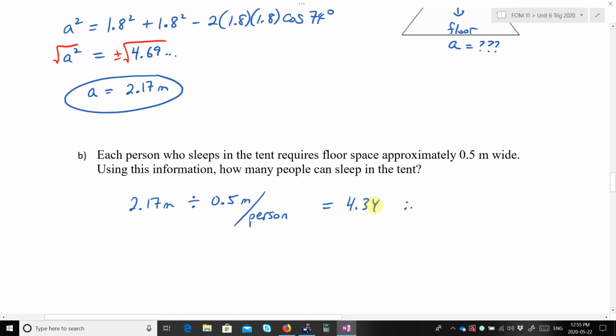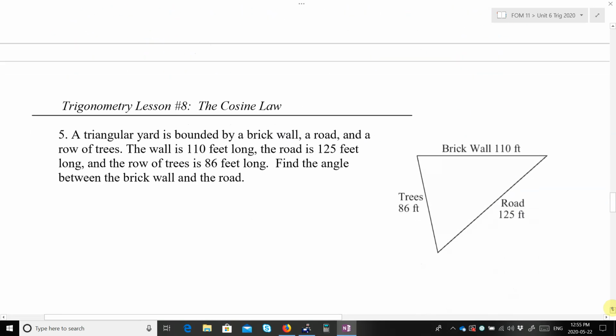Therefore, you can't have 0.3 of a person. Therefore, 4 people can sleep in the tent. That's consistent with the answer key again.